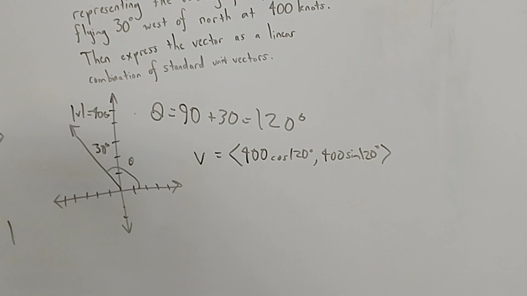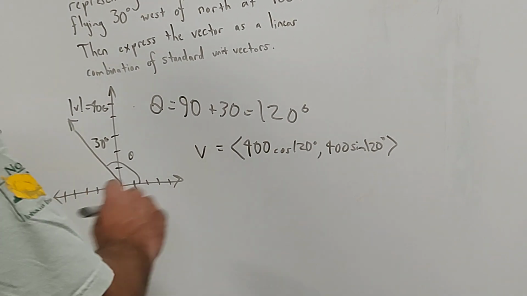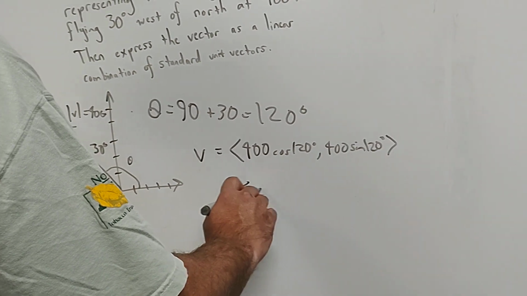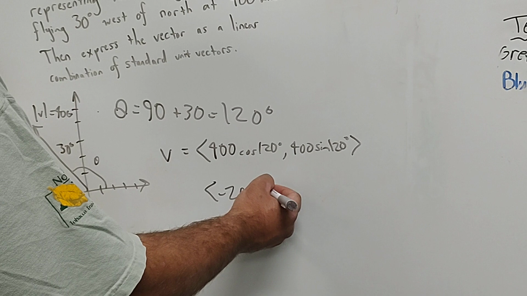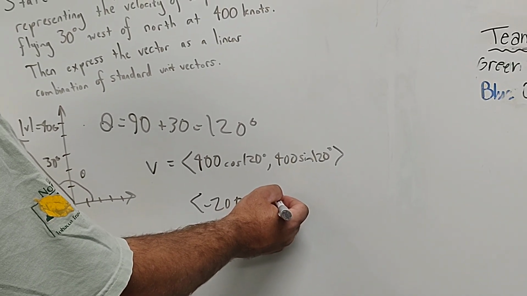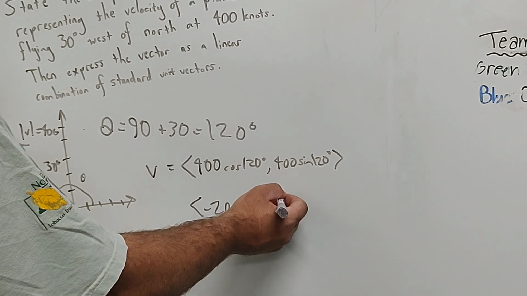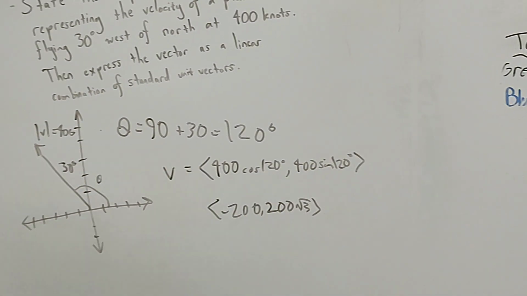And when we plug that into the calculator, we're going to get negative 200. And I'm just going to put it in this simple form, 200 times root 3. There is a decimal form that you can write it in as well.